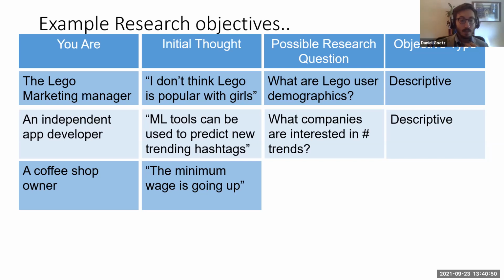I think it's a causal objective. Okay. Yeah, I would agree. Right? We want to know how will consumers' purchases change if I raise prices, right? What is the effect of changing one thing on something that I care about, right?